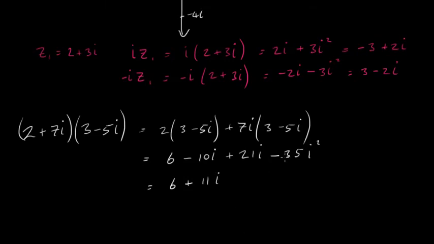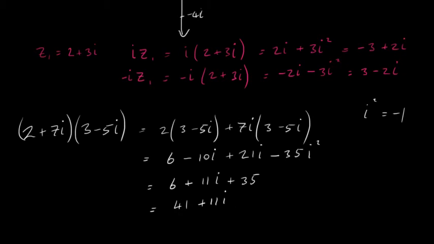And then you've got the minus 35i squared. Remember, i squared is equal to minus 1, so minus 1 times minus 35 is plus 35. So that gives me 6 plus 35, which is 41, plus 11i. So when I multiply these two complex numbers together, I get 41 plus 11i.